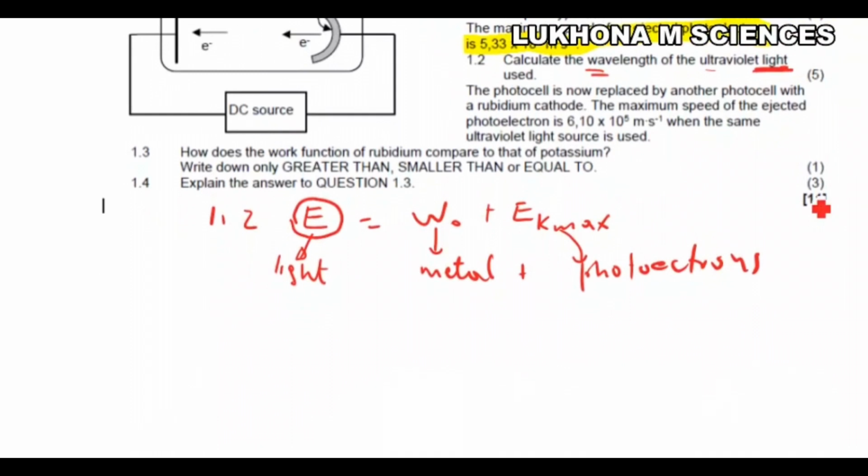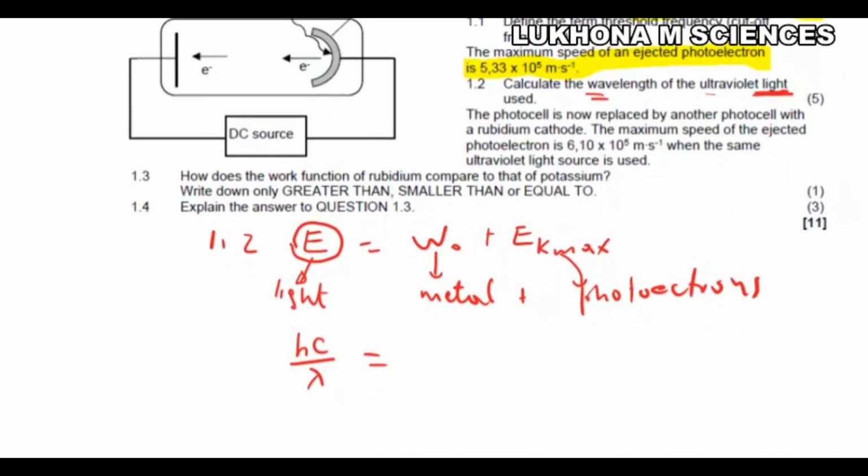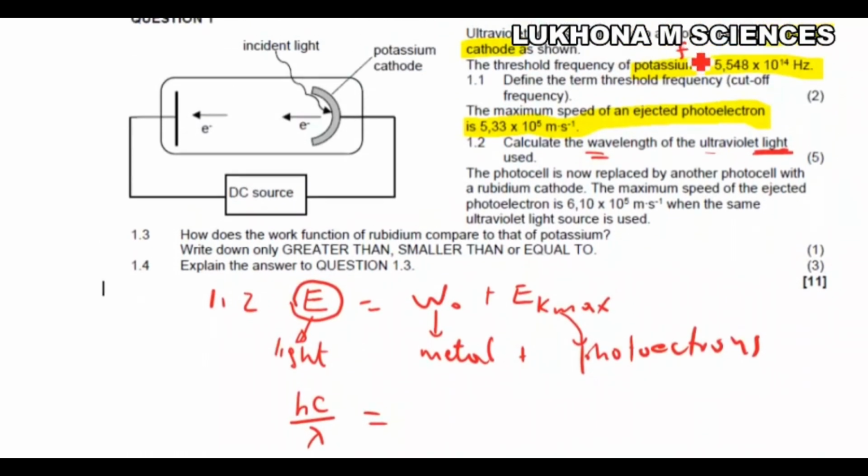The formula of energy when you are looking for the wavelength is hc over wavelength, which is equal to the work function, which we change to h f0, because we are talking about the threshold frequency of potassium, plus the kinetic energy, which we change to 1/2 m of electron v squared maximum, right?